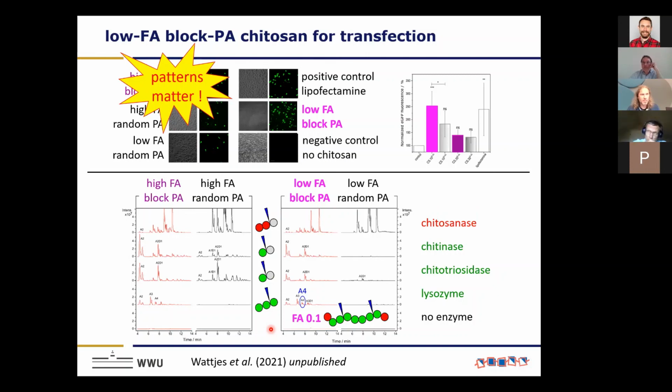So the receptor which we postulate for this priming activity is not yet known, but it must be a different one from the known chitin receptor. Excellent, good question. Any other questions?